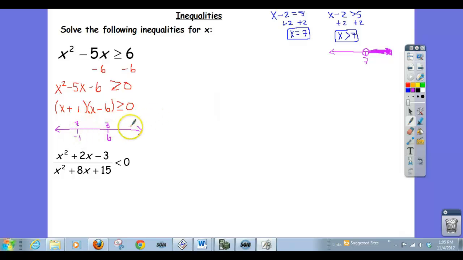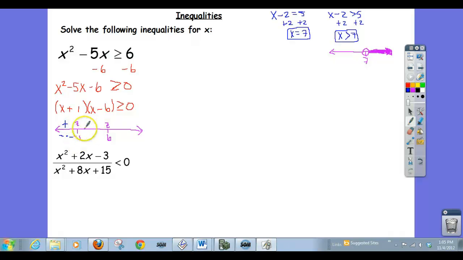And we do what we've done before, which is we plug in values that are in between our zeros and outside of our zeros to determine if this expression is positive or negative in those places. So for instance, I'll plug in negative 2 because it's over to the left. Negative 2 plus 1 is a negative. Negative 2 minus 6 is a negative. And a negative times a negative is a positive.